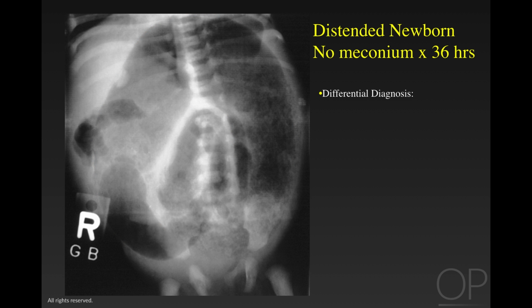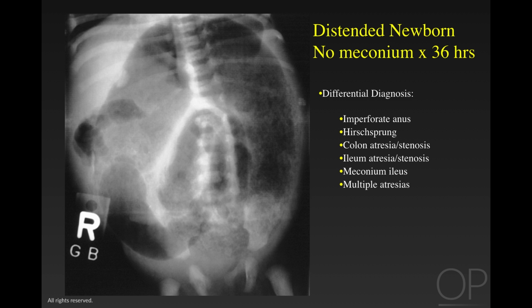And if this is colon, then our differential diagnosis going from the most distal cause of obstruction includes an imperforate anus or Hirschsprung's disease, colonic atresia or stenosis. But if it does not represent the colon, it could represent very dilated distal small bowel as a result of ileal atresia or stenosis, or meconium ileus, or multiple atresias.